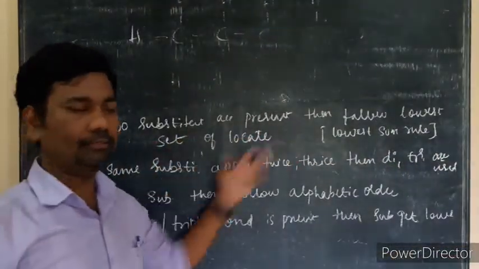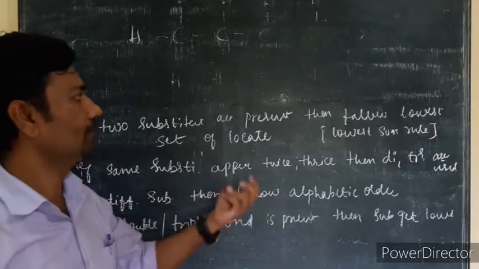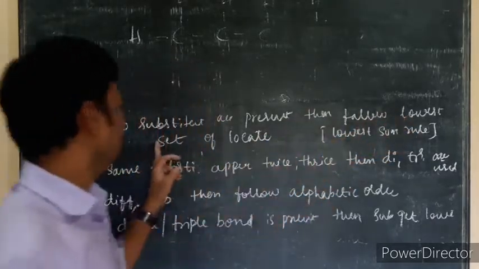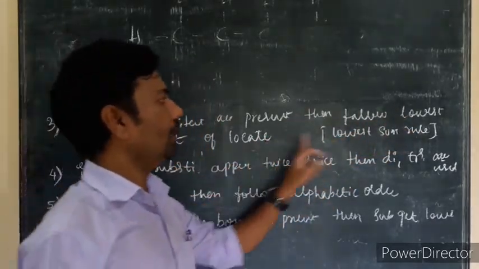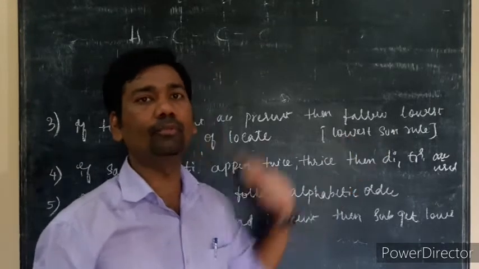Then third, if two substituents are present, how can we name it? Then follow the lowest set of locants, or you can say the lowest sum rule.